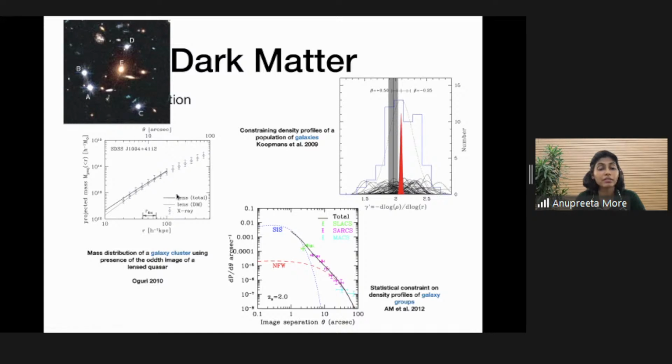For example, something called the NFW profile is tested here, and it is then compared with the observations, and that's how we are able to say how the dark matter is distributed in these very central regions of this galaxy cluster, thanks to the presence of this fifth image that is seen.